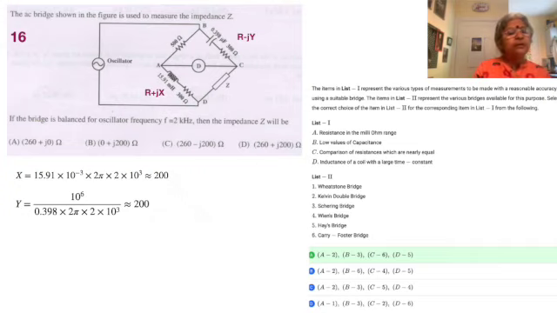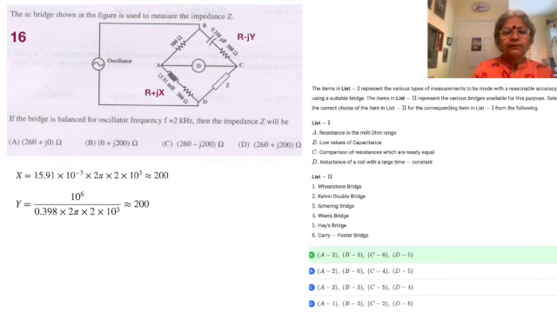The capacitance value is almost 0.4, and then you have 2 pi, 2 into 3, and 2 into 10 raised to 3 for the 2 kilohertz. So that's almost equal to 200. Which means that X minus Y becomes equal to 0, and you choose the correct answer as 260 plus or minus j0.